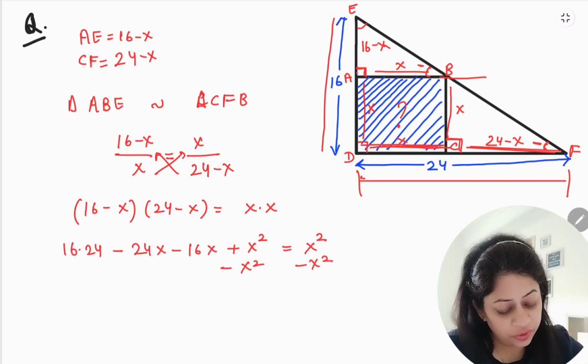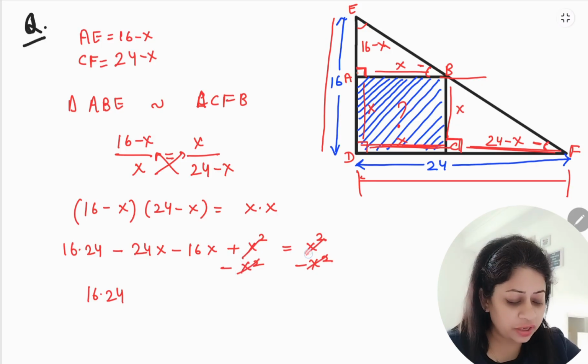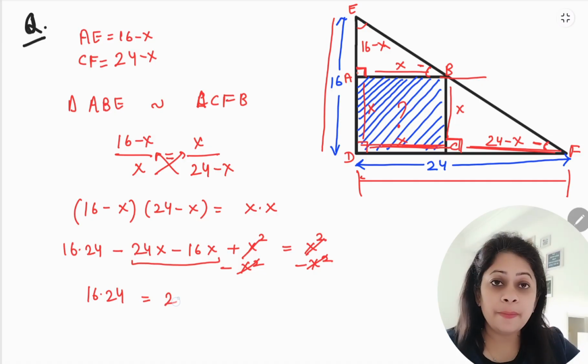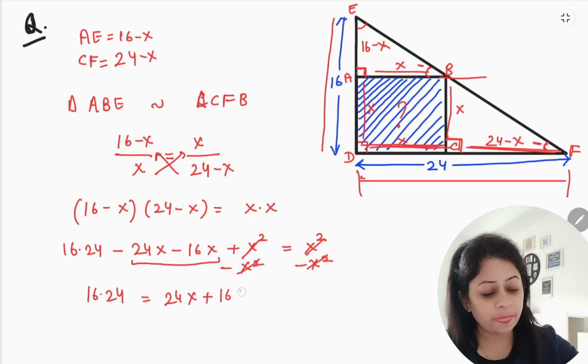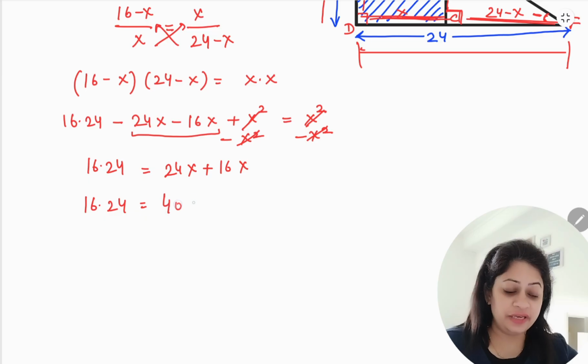Okay. So we get 16 times 24, and if I cancel out, right hand side will become 0. But what can I do? I can take these x's on right hand side. It would become minus 24x will become plus 24x and it will become plus 16x, right? Okay. So 16 times 24 is equal to 40 times x, right?